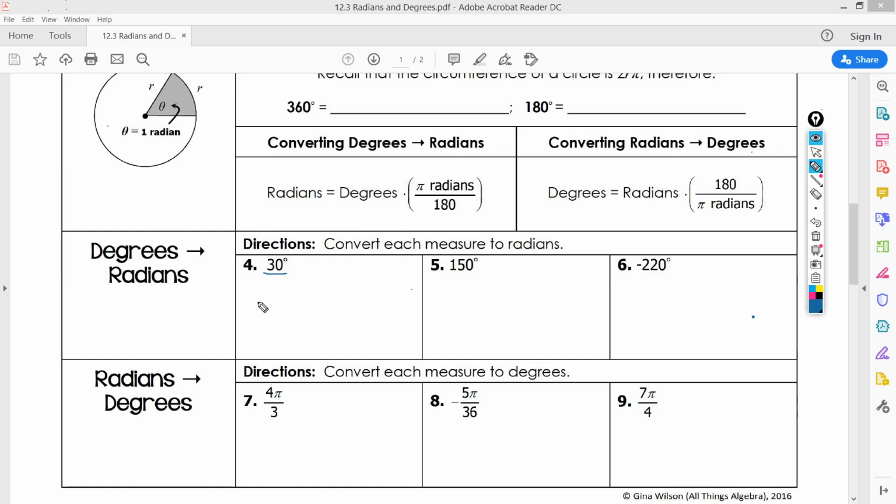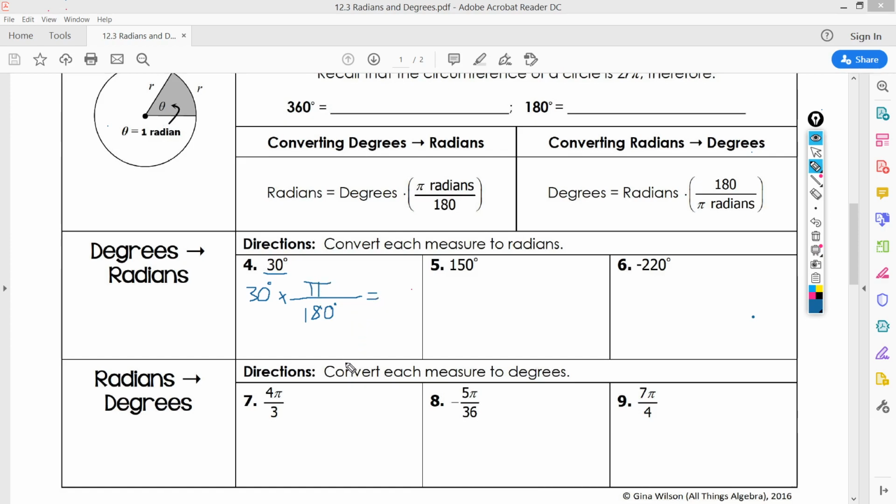So 30 degrees. I start with 30 degrees, and I want to get rid of degrees, right? So I multiply, and I put my degrees in the bottom, 180 degrees, and on the top I put pi. Okay?